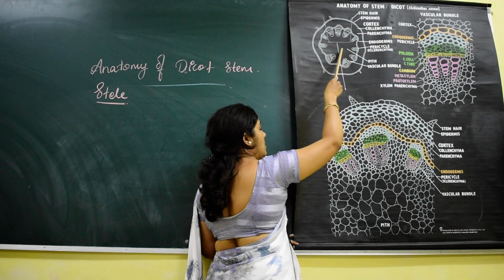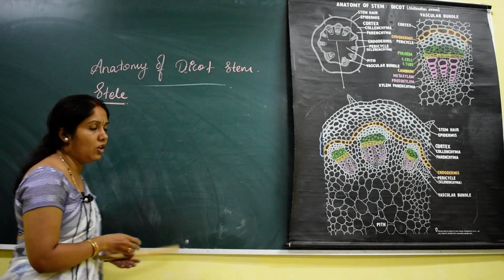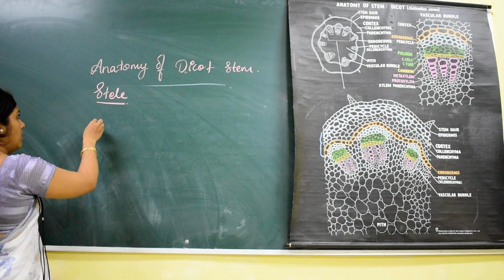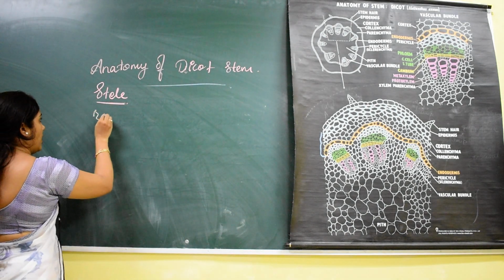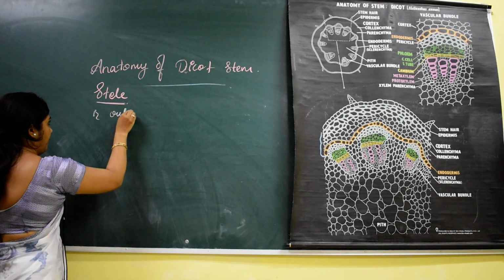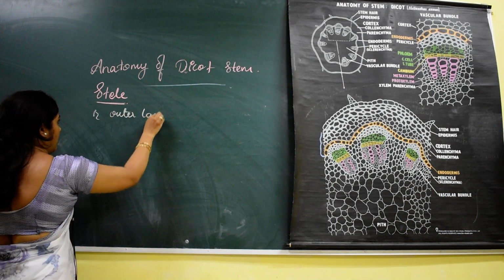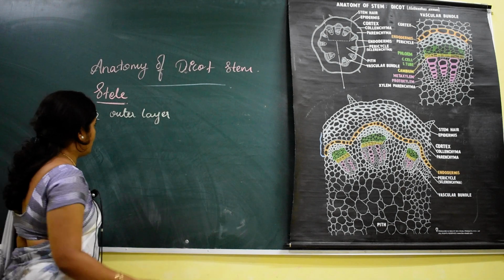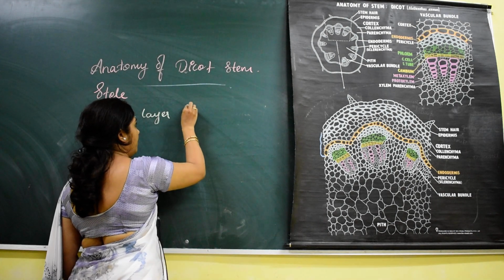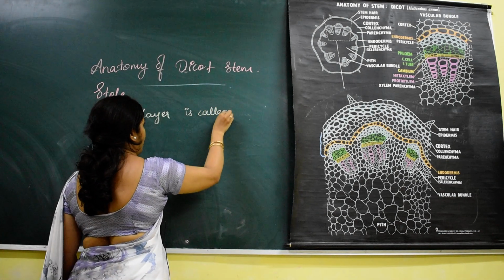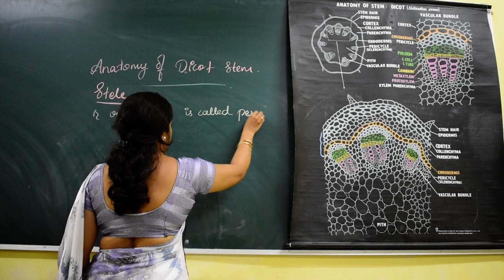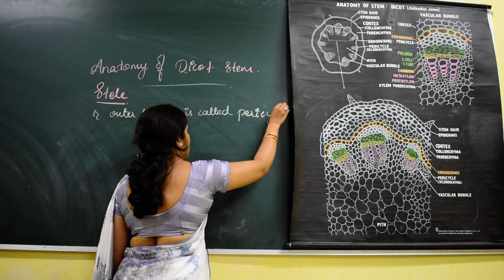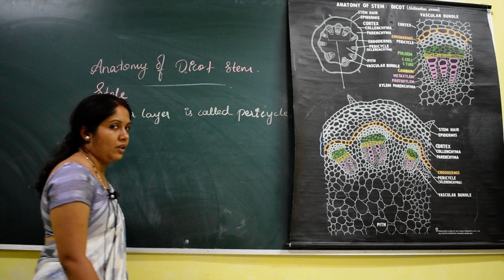Now the stele is differentiated into 3 tissues. The outer layer of the stele is called the pericycle.